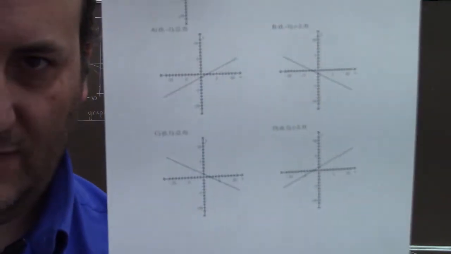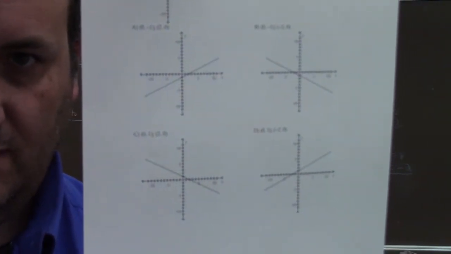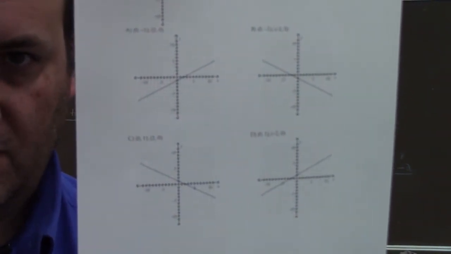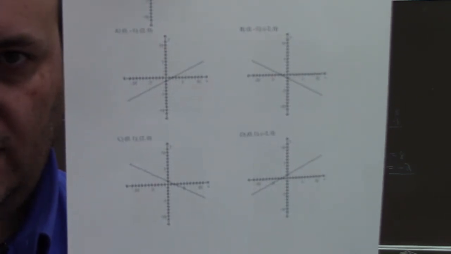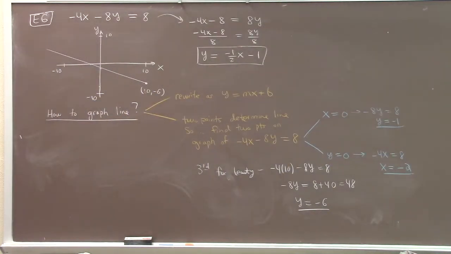This is actually harder than it looks for me. Of the 4 possible answers, there's only one. There's 2 with negative slopes, right? And only one of those has a negative y-intercept. So if you understand that, once you write down minus 1/2, see, like this, that's negative slope.